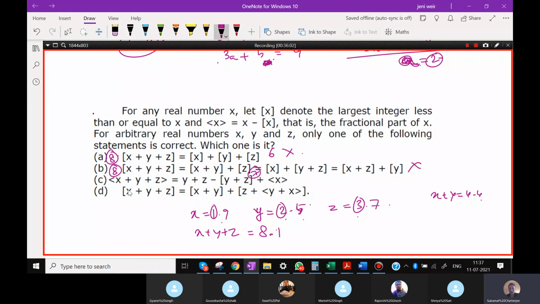The third one is the fractional part of x plus y plus z. In this case, it is 0.1 equals y plus z, which is 2.5 plus 3.7, which is 6.2, minus box of y plus z.